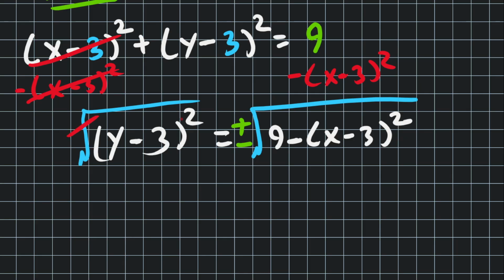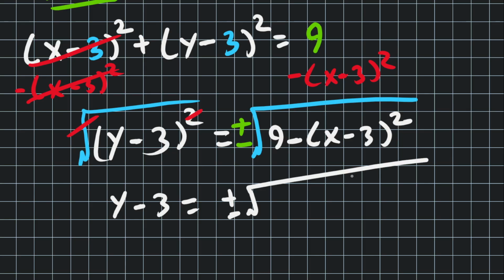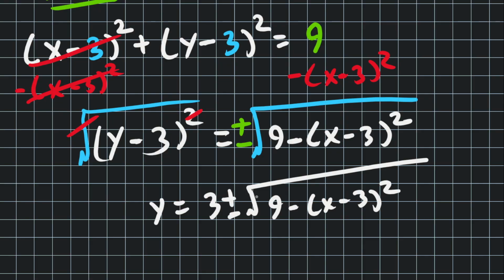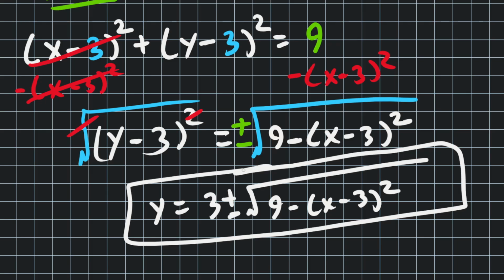And that will cancel that out. So we are left with y minus 3 equals plus minus the square root of 9 minus x minus 3 squared. And then, to make it quicker, we can add 3 to both sides as our final step. And we come out with y equals 3 plus minus the square root of 9 minus x minus 3 squared. So that would be the equation of the circle if you went ahead and solved for y.